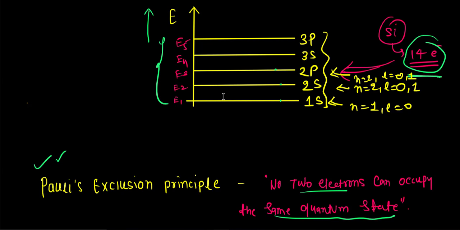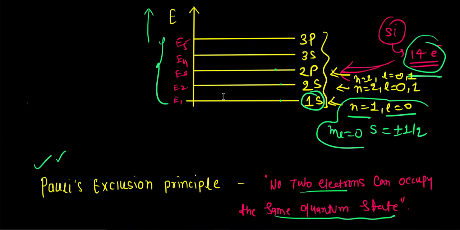So the first electrons, now I told you that electrons want to go into the lowest energy state. So in the 1s we saw that there can be 2 electrons. For n equal to 1 and l equal to 0, s can be plus or minus 1/2, and m_l is equal to 0.